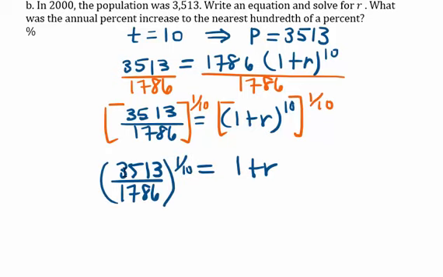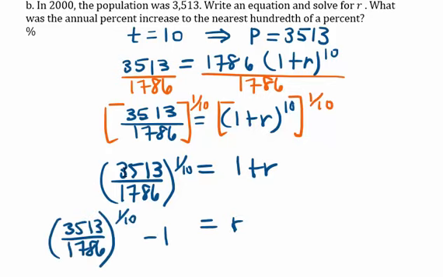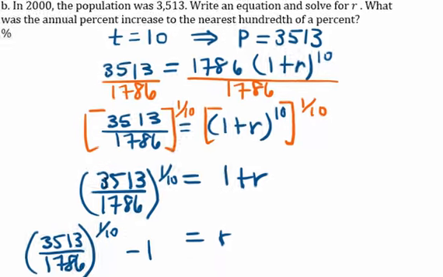And lastly, I would get rid of the 1, and we would do that by subtracting 1 from both sides. And so we have R equals the quantity 3,513 divided by 1,786 raised to the 1/10, and then minus 1.